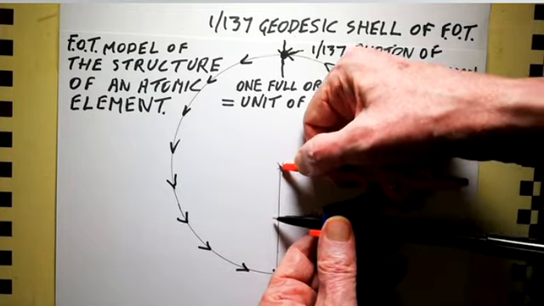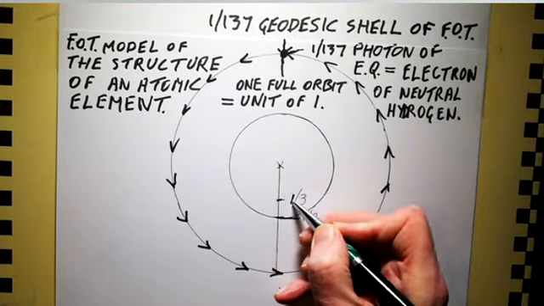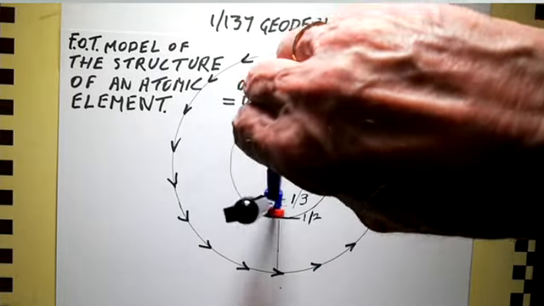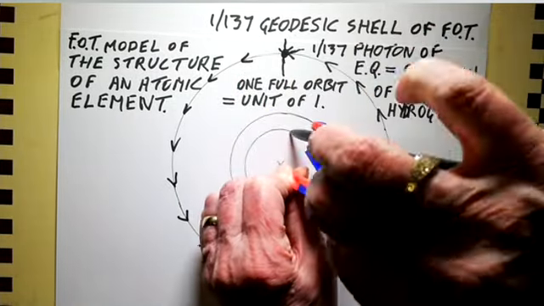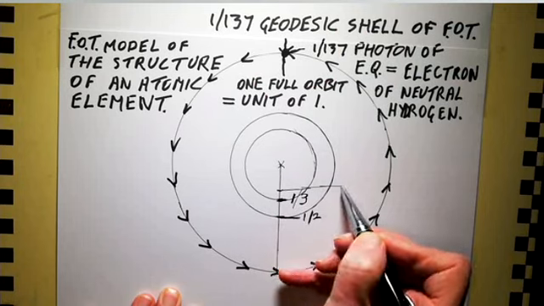An atomic element is a composition of geodesic shells, all having a synchronous frequency of geodesic orbital velocity, which is in harmonic resonance with the 137 Roche sphere.